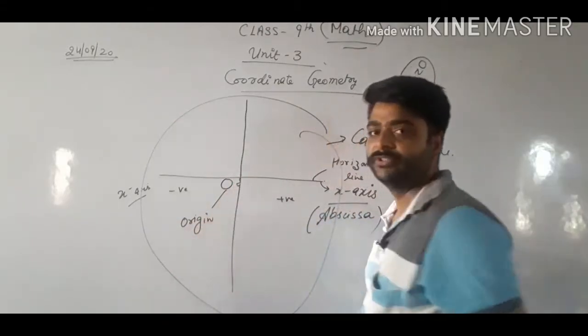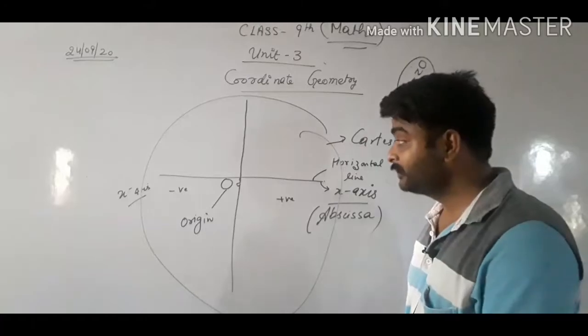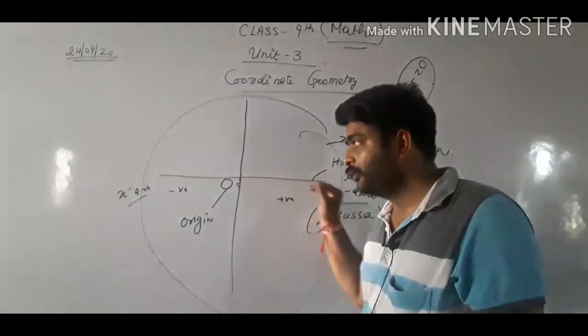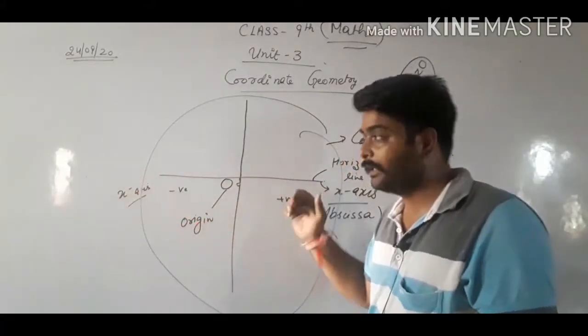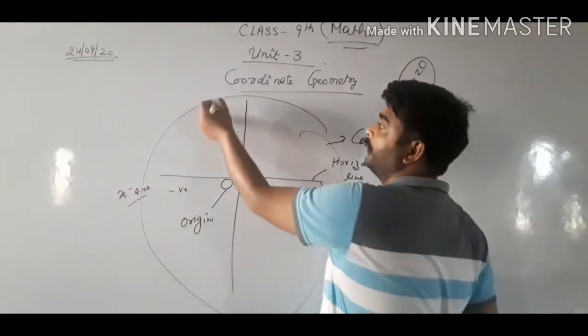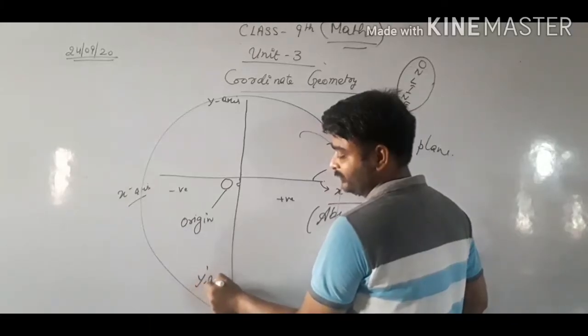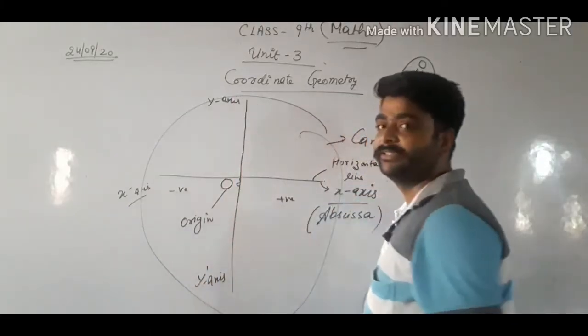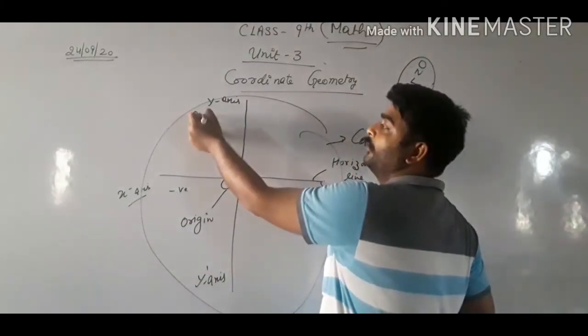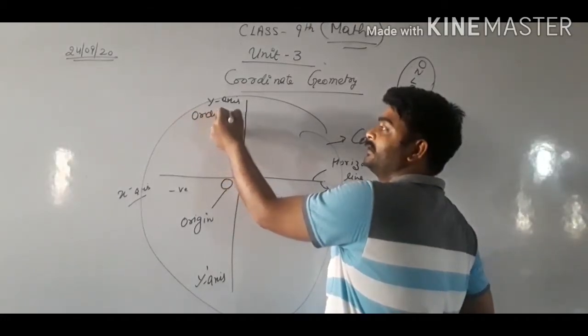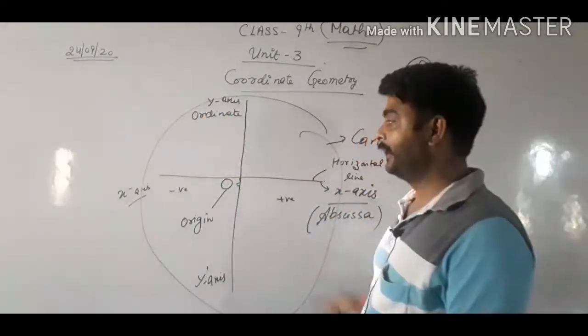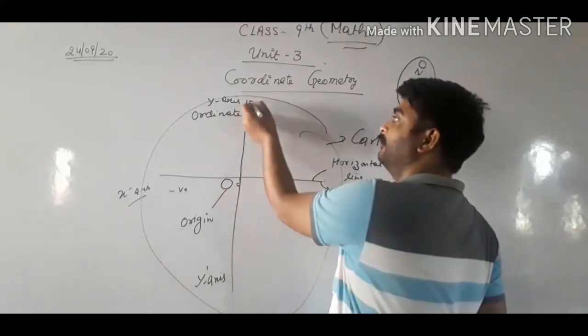Any doubt class? Now class, if the horizontal line is known as the x-axis, likewise the vertical line is known as the y-axis. For the y-axis, the other name is ordinate. This is the horizontal line, this is the vertical line.